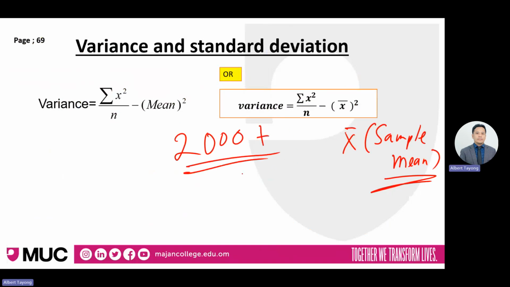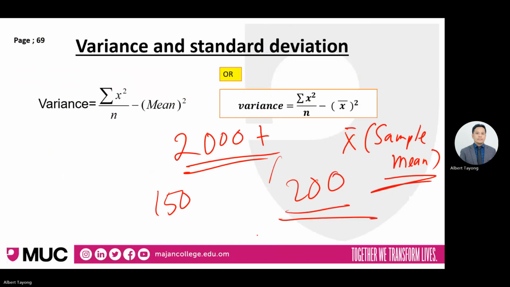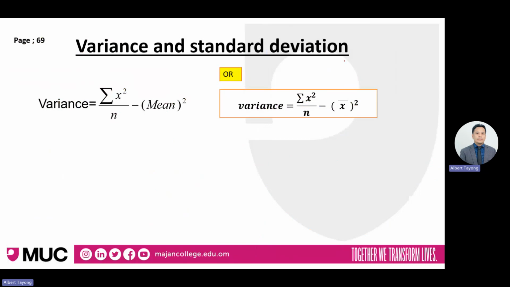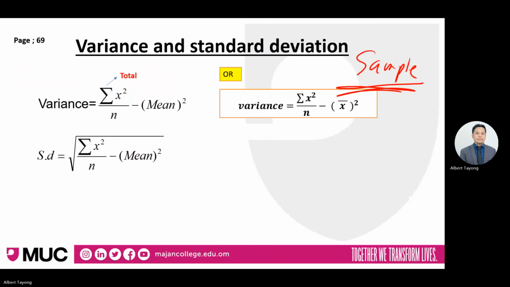Maybe we can look at 150 students in foundation and maybe 200 students in the undergraduate program, IT, business, or English, and then conclude. Okay, so in statistics, usually we use a sample. Okay, so the formula is very simple. We have sigma x squared. Sigma is the total. We have to square the scores, divide by n, minus the mean. Standard deviation, as I said, is the square root of the variance. So what is inside is the variance.